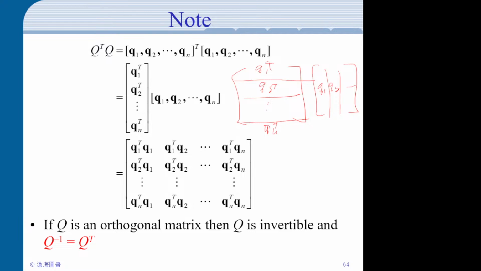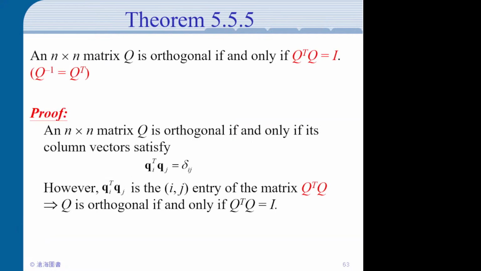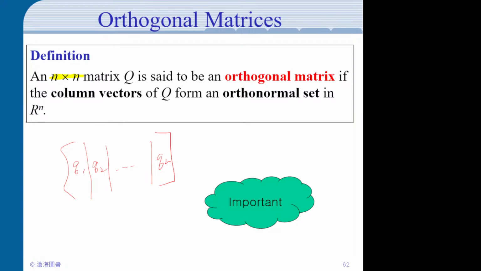Now we have an interesting thing we can say. Q transpose Q equals identity, and Q Q transpose also equals identity. Also, this is an n by n matrix, so we think about those columns in Rn, and we have n of them. Because they are orthogonal to each other, they are linearly independent.